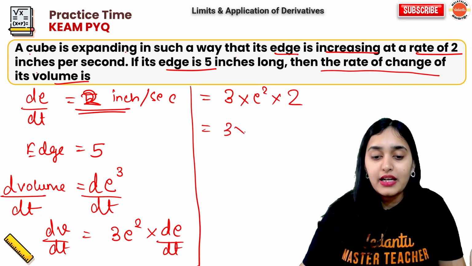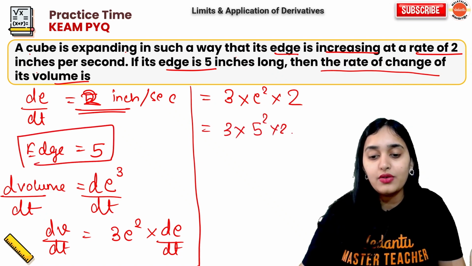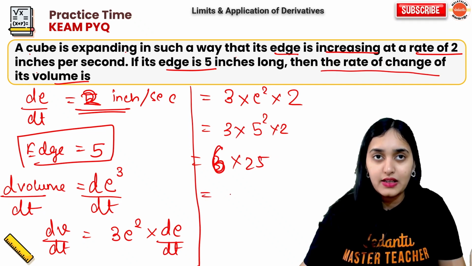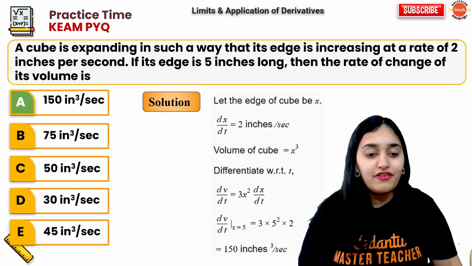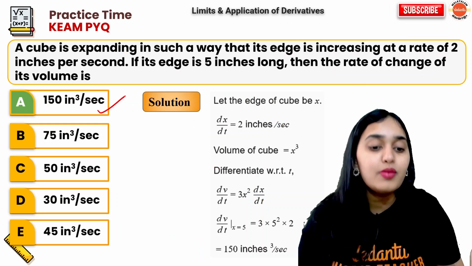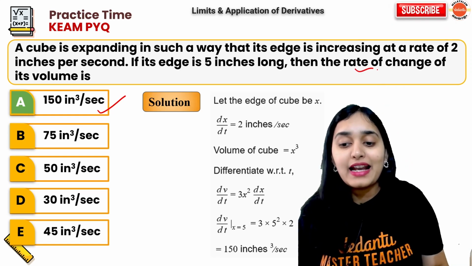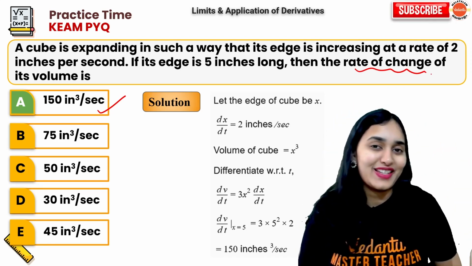So this is 3 into, what is the edge value? 5. So 3 into 5 square into 2. So it is 3 2s 6, 5 5s 25, 25 into 6 is 150. This should be your answer. 150 inches cube per second because we are finding out volume rate of change. So 150 inch cube per second is the rate of change.